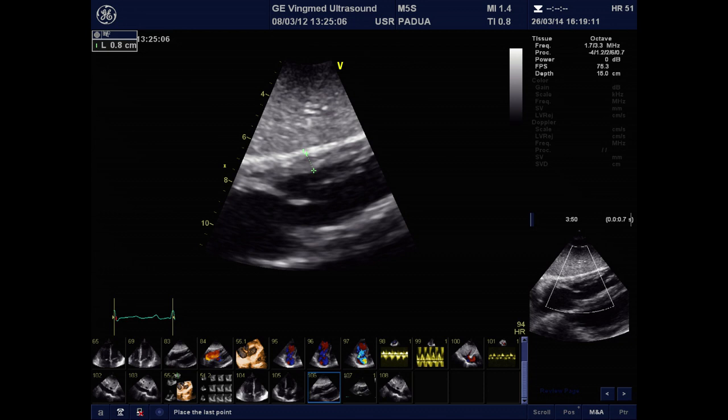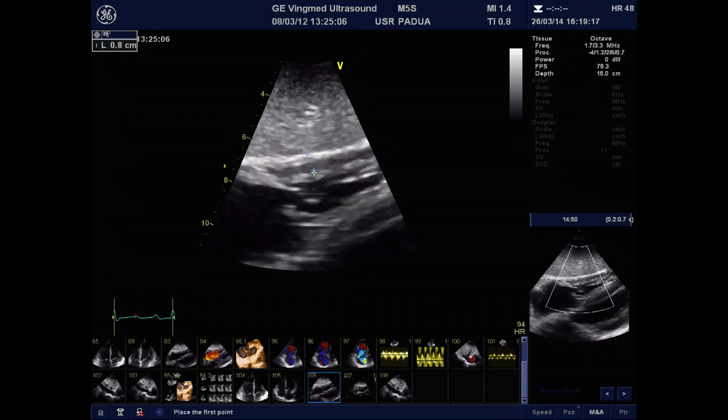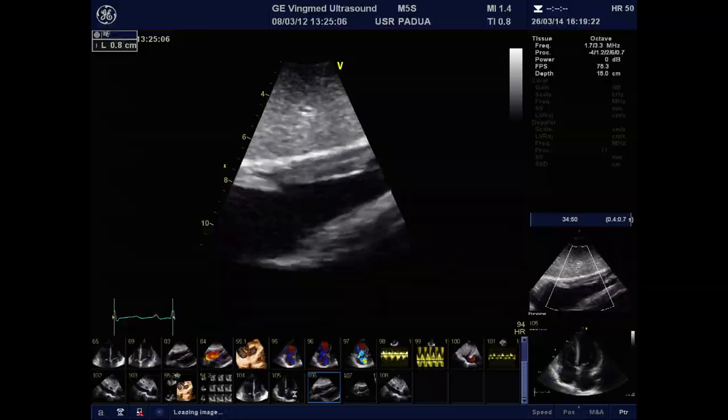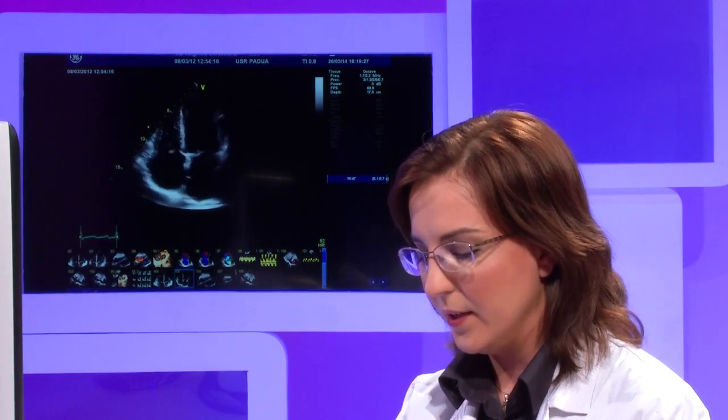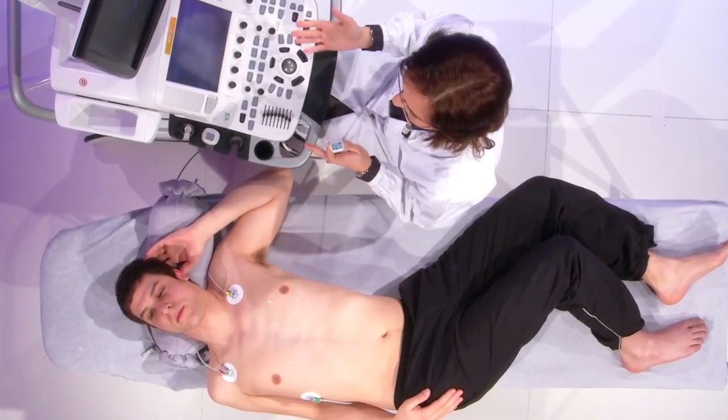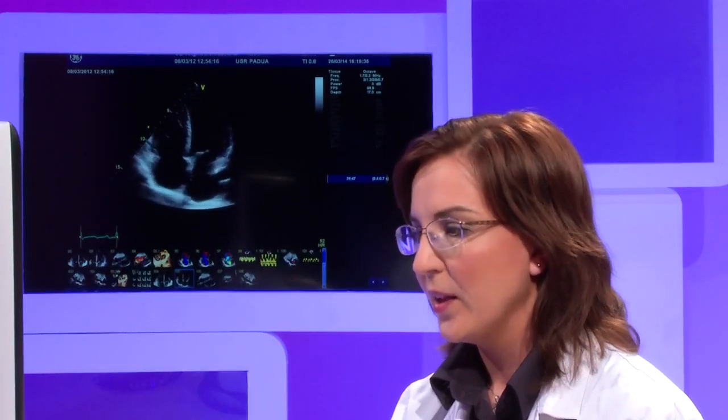So it's 8 millimeters and the normal value is around 5 millimeters. So this may explain why the right ventricle was not dilated. Another reason why the right ventricle was not dilated is probably that the regurgitation is recent and the right ventricle had not the time to dilate.